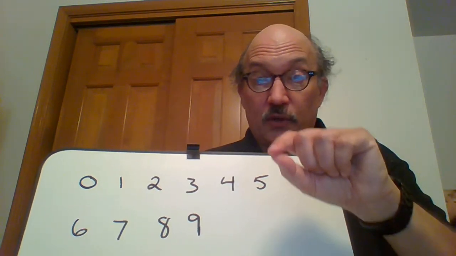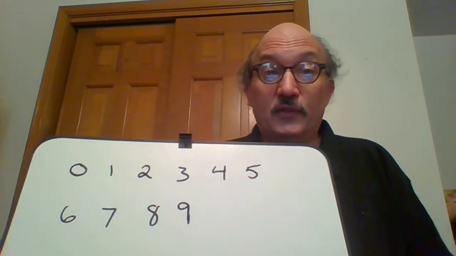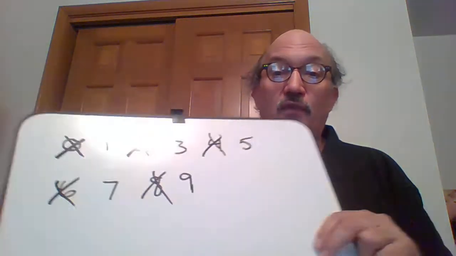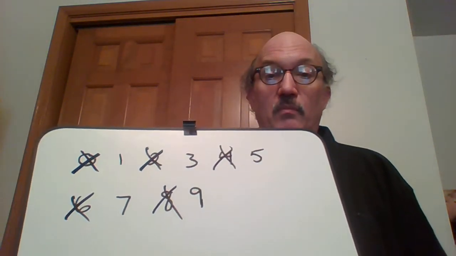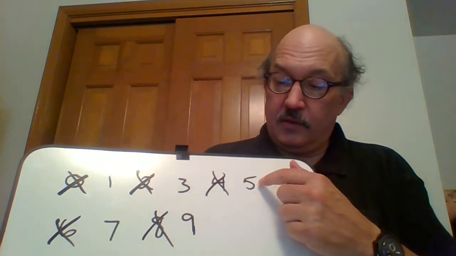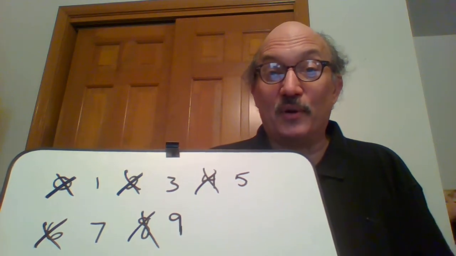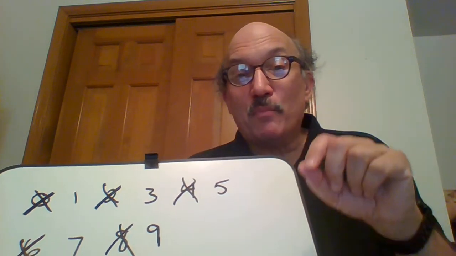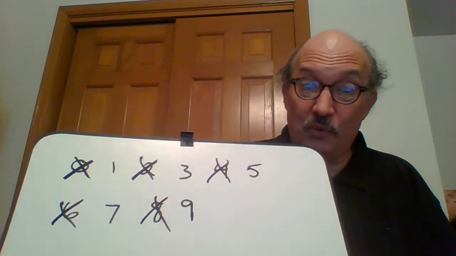The even numbers, of course, are the numbers that have 2 as a factor and they end in 0, 2, 4, 6, 8. So we can cross those off: 0, 2, 4, 6, and 8. Cross off the even digits because other than 2, no prime number can be even. And here we have the 5. Well, 5 is a prime number, but any number greater than 5 that has a 5 in the ones column, what's true about it?